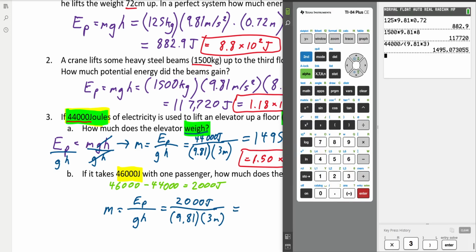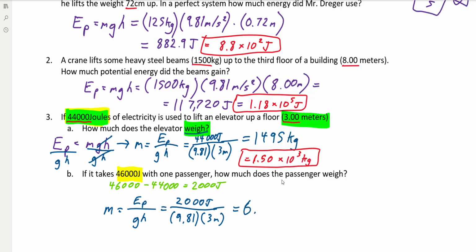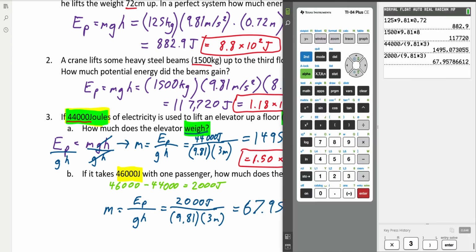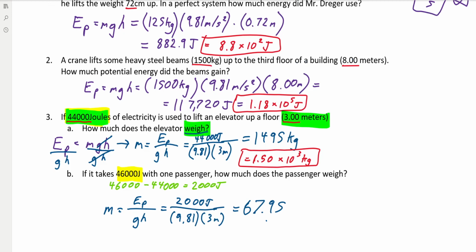And so if we plug that one in, we'll go 2,000 divided by 9.81 times by 3, bracket, enter. And the person weighs 67.95, I think is what it said. 96.